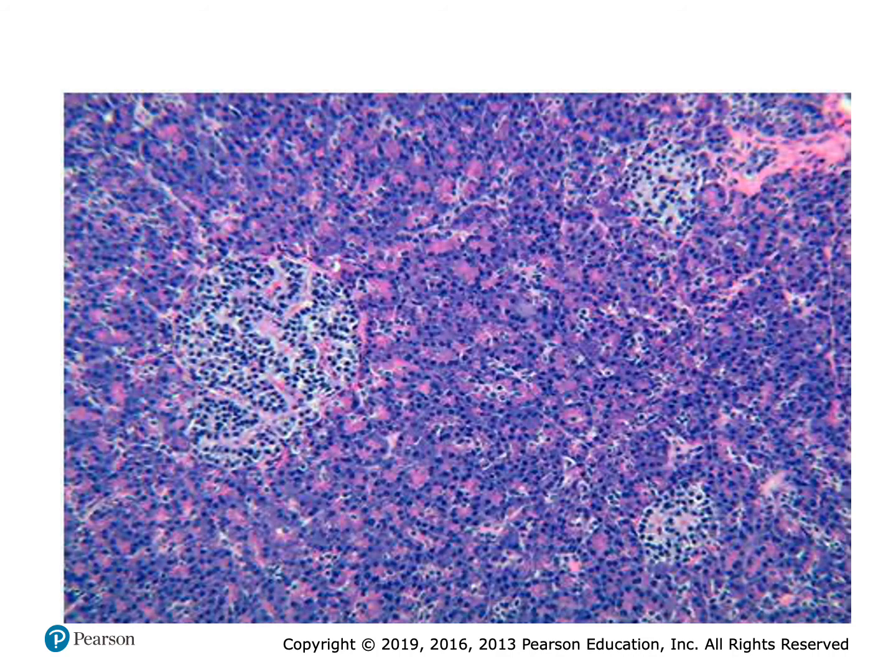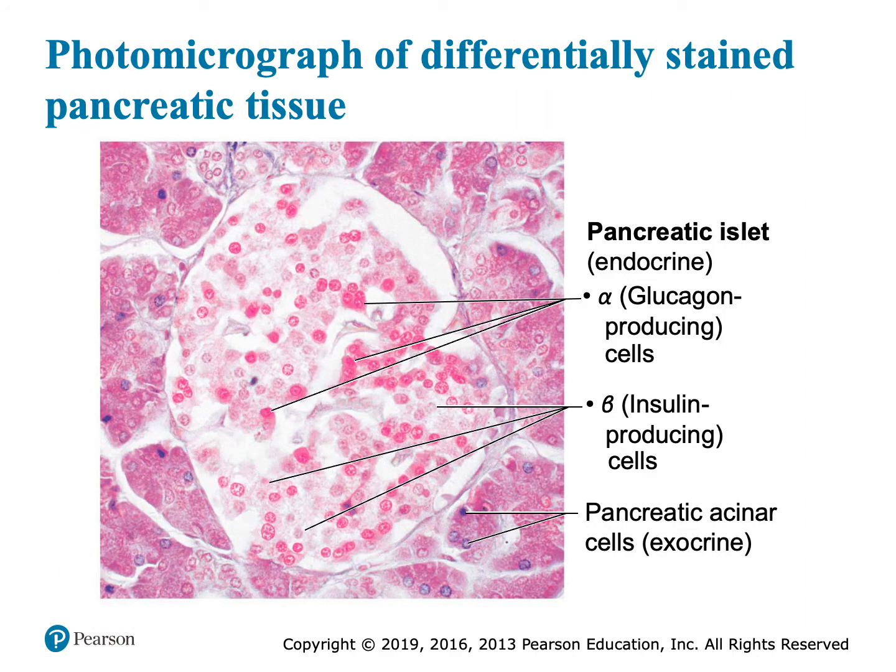That's where insulin and glucagon are made. Here's a different kind of stain. On this one, you can actually tell the difference between the alpha and the beta, but so what? You don't need to know the difference. You need to know which cells are endocrine and which cells are exocrine, and what they make.